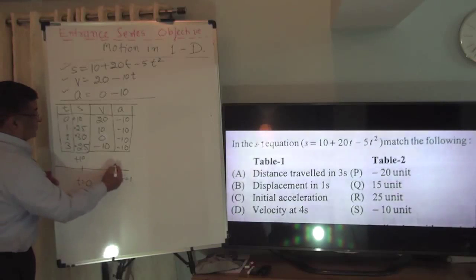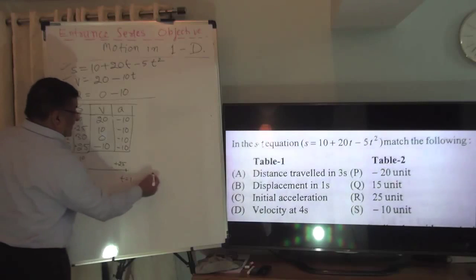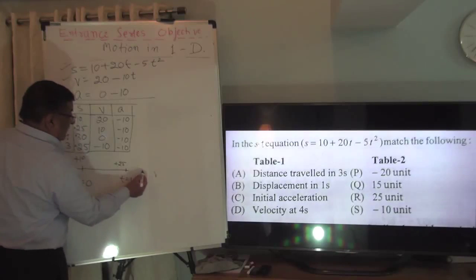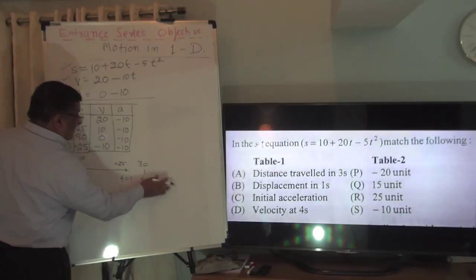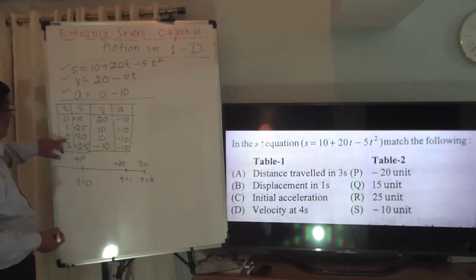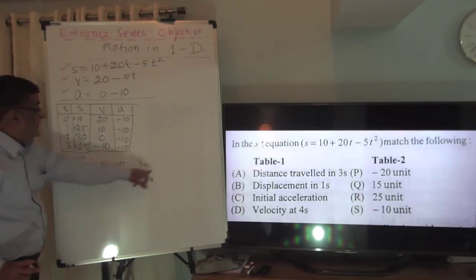This is plus 25. T is equal to 2 seconds. And this is 30 only. It goes here. But I find when t is equal to 2 seconds, velocity has become 0. It will not move any further.